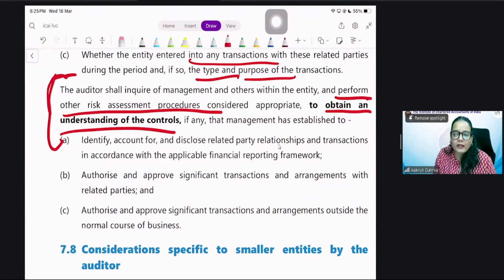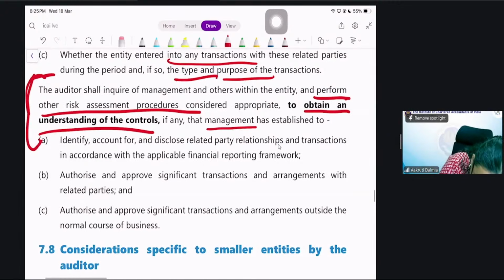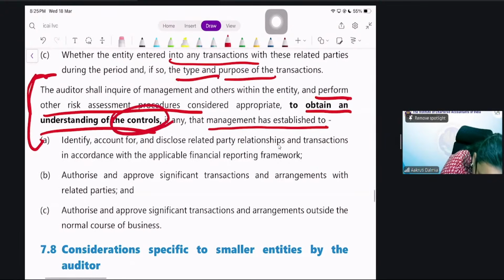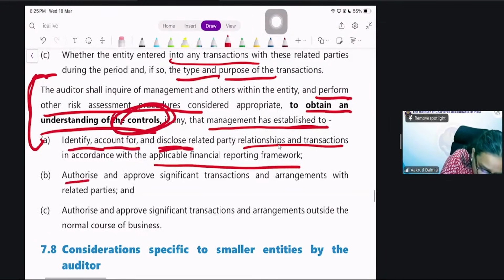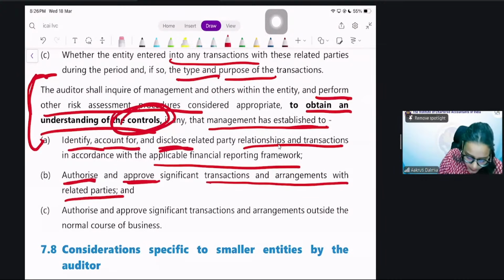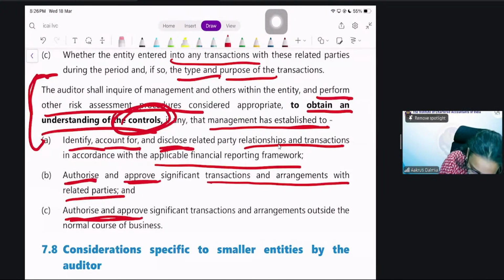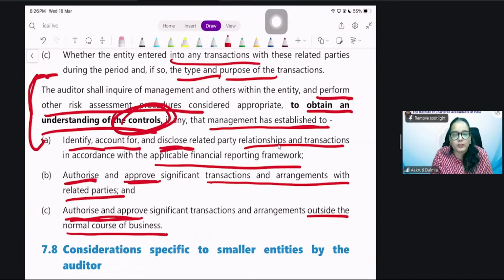Okay. So I'll ask them what the internal controls are. What controls has the management established to identify, account, and properly disclose related parties as per AFRF? Second, who is authorizing and approving transactions and arrangements outside the normal course of business with related parties?